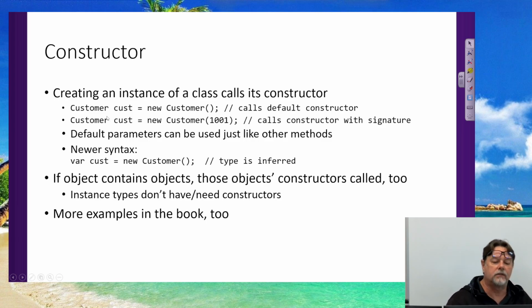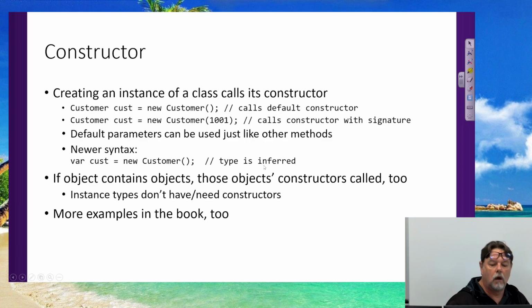So this just seems redundant to people, so they added this var keyword. It looks ugly. Just say customer cust equals new customer. So I'm just going to say var cust equals new customer. This does the exact same thing as this up here. The compiler still says, yeah, cust is of type customer. It's just a newer syntax.